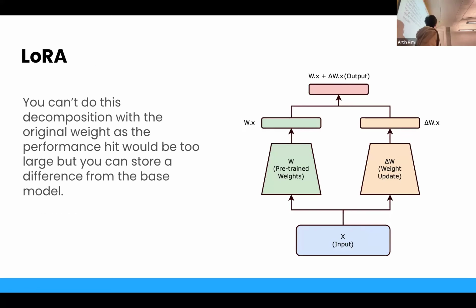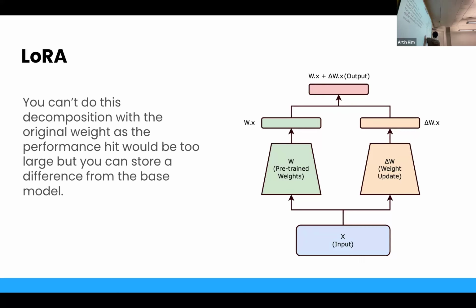If you actually did this with the original weights, you'd be losing an insane amount of information. But remember, what we're trying to do is fine tune or change them. So what we want instead is to store a separate weight matrix that is a difference from our original. This is the base model, this is GPT, and this difference will be us fine tuning it for essays or for a chatbot for a website.